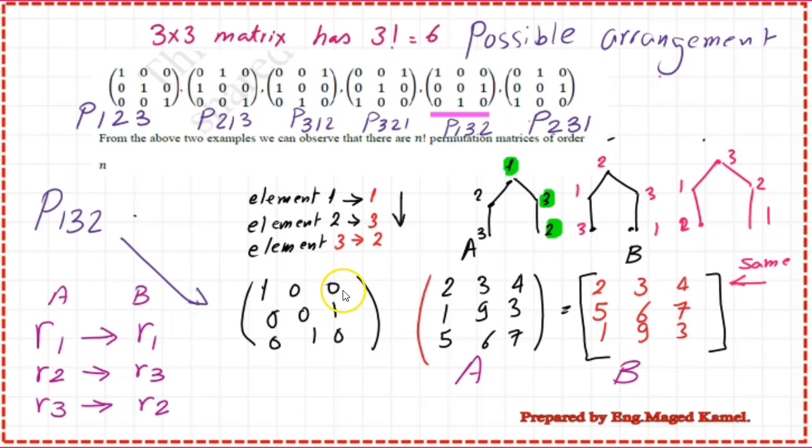The arrangement 1 0 0, 0 0 1, 0 1 0, and here is 2 3 4, 1 9 3, 5 6 7. 2 3 4 in the first row, because we have 1 0 0, it is a normal position, and 0 0 1 will take 5 6 7 to become here, and 0 0 1, which is related to the third row, will move the third row up, 5 6 7. Always 1 0 0 will maintain the row.